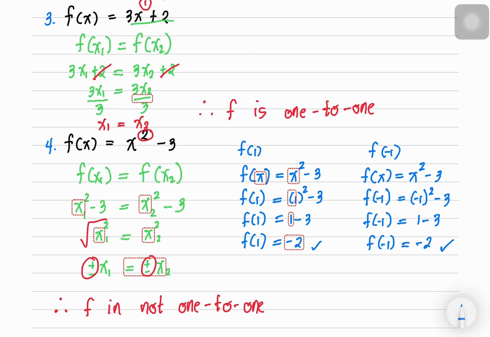So guys, dito, kung makikita natin, nag-equal yung mga y values. So, ibig sabihin, nag-share sila or parehas yung nakuhang result ng y values natin. So, therefore, this is a not one-to-one function. Diba? Sabi natin sa definition kanina. Okay?